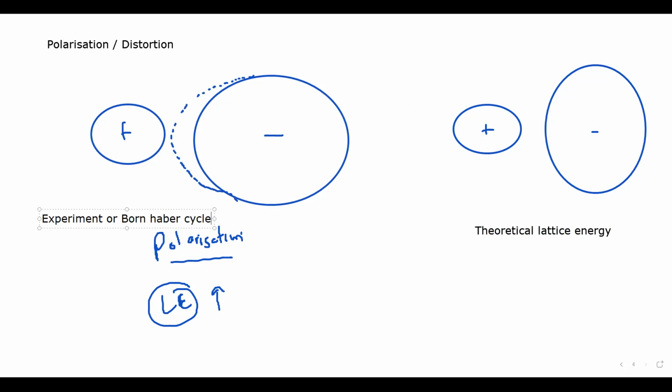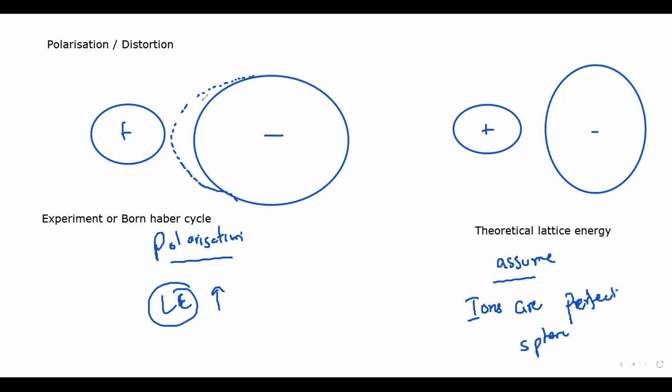So practical lattice energies will always be higher due to distortion as compared to theoretical, in which we assume that these ions are perfect spheres. But it does not happen, there's a distortion or polarization.